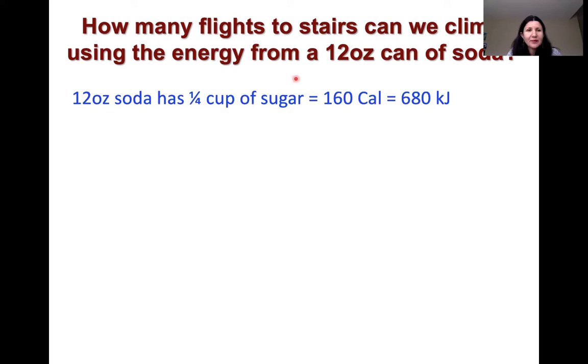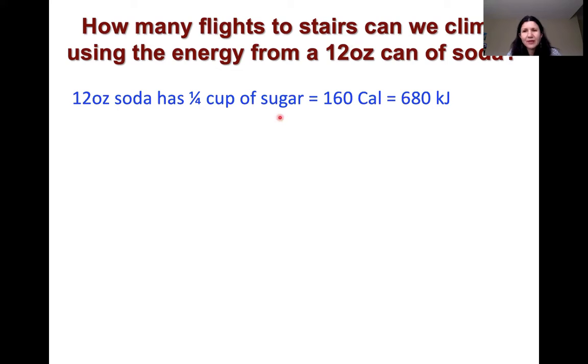We can do a similar calculation, but now let's assume that we know the energy we want to spend. So let's say you drank a 12-ounce can of soda. And the question is, how many flights of stairs can you climb using the energy that you get from this can of soda? Okay, so 12 ounces of soda has 1/4 of a cup of sugar.